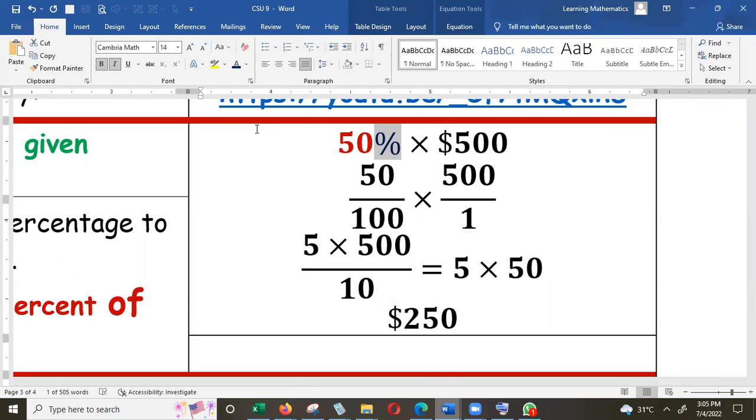And be routinely writing. Make it a very good practice to be writing as you are looking at a math video. And formulate your own examples. For example, you can say, what is 75% of 1,000?